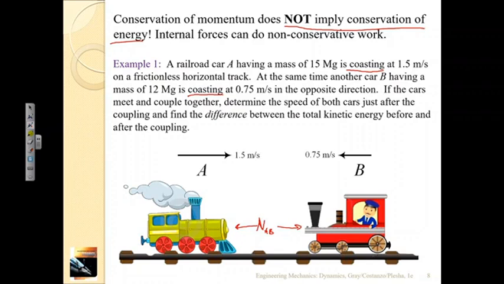The fact that when these things smash together, they keep moving to the right matches intuition, at least, because car A was heavier than car B, 1,500 kilograms versus 1,200 or 12,000 kilograms, and it's moving faster. So I've got heavier and faster smashing into lighter and slower. They get tangled together. You can imagine they're still going to be moving in that direction of heavier and faster. So overall, conservation of momentum can get us to what that speed is.